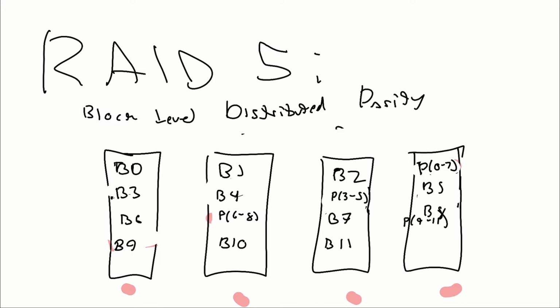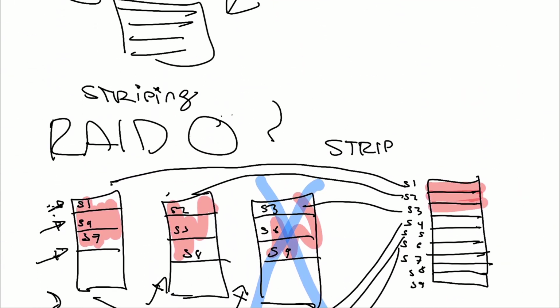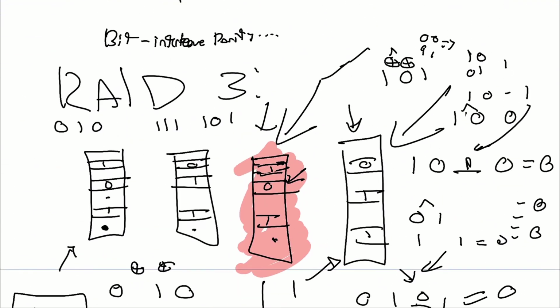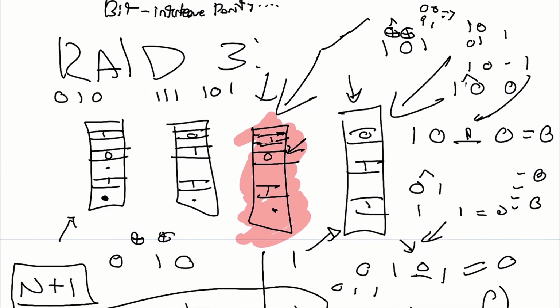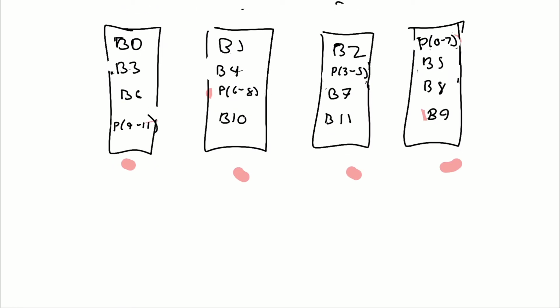The idea is simple here. We just want to put the parity bit data into all of the drives instead of just having one drive with the parity bits. And this same concept could be applied to pretty much all of the other ones that we did, except for the Hamming code one. We could do this in RAID 3 too, but that just makes life really weird. So no, don't do that actually.